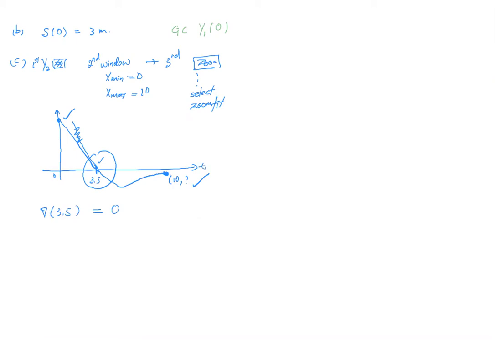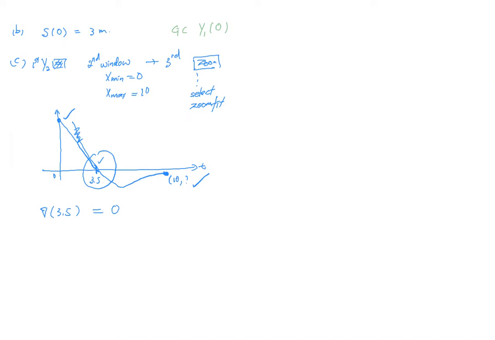For t before 3.5 seconds, it is above the x-axis, meaning the particle is moving to the right. After 3.5 seconds, it's moving to the left because the velocity is negative, the graph is below the x-axis. Are you okay? So you have to know how to interpret the graph. Okay, can I move on?